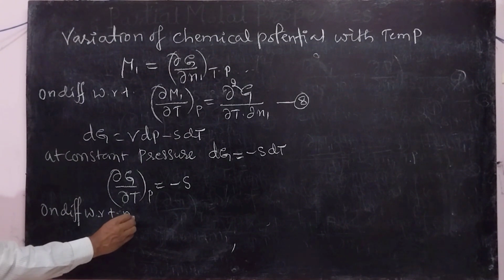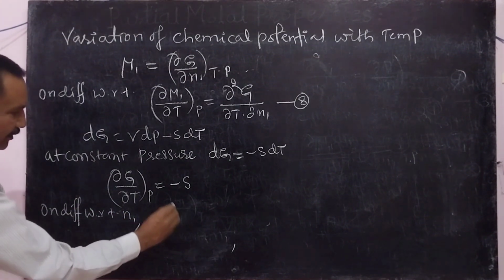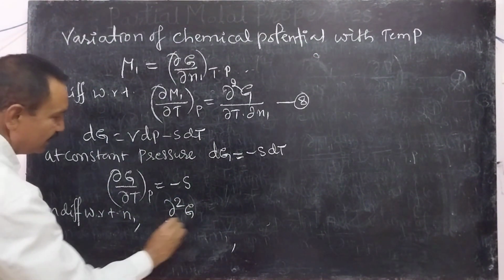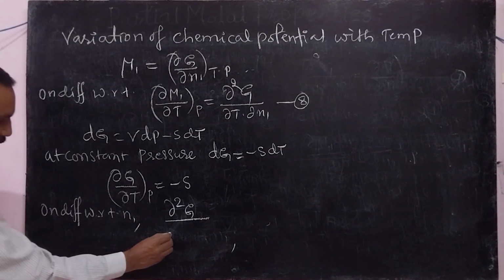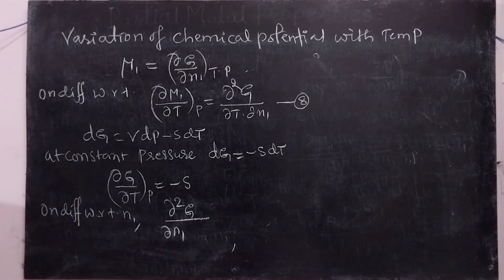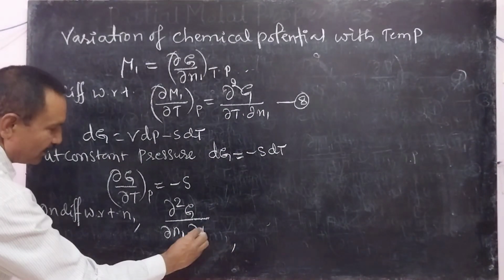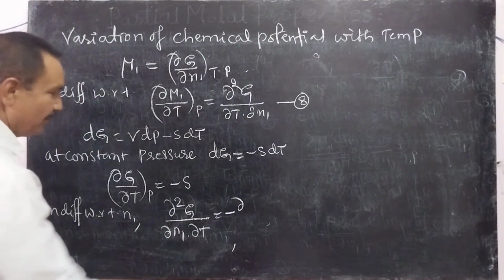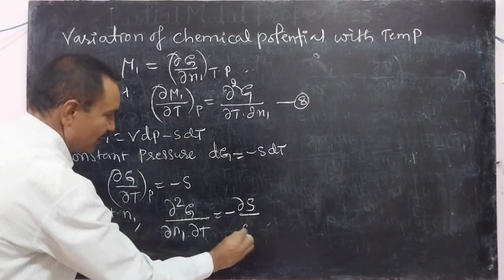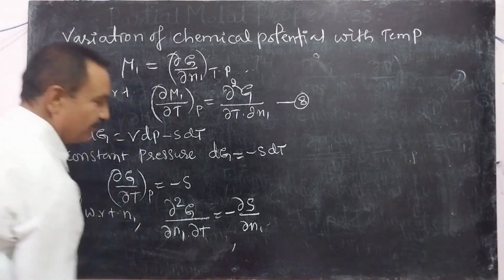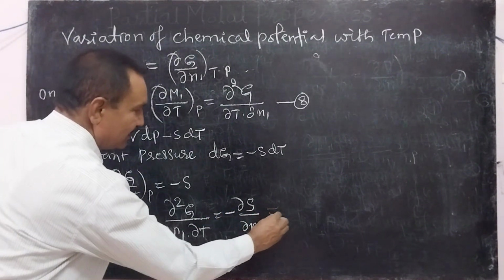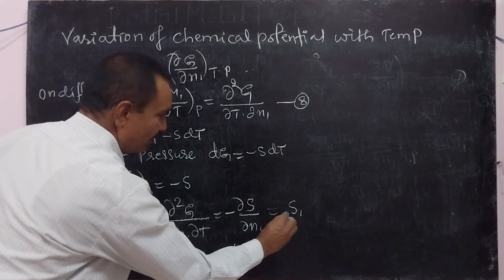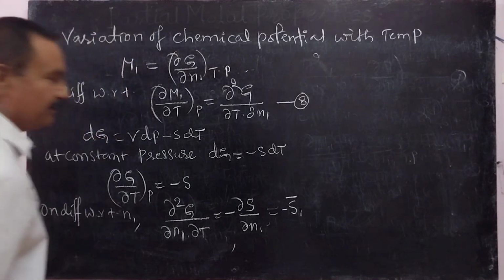On differentiation with respect to n1, we get ∂²G/∂n1∂T. This is nothing but minus ∂S/∂n1, which is nothing but minus S1 bar.